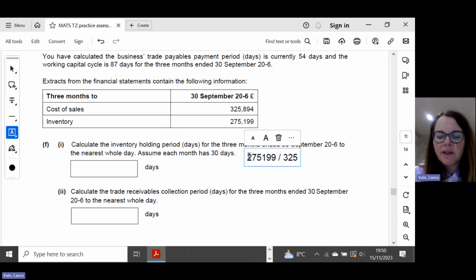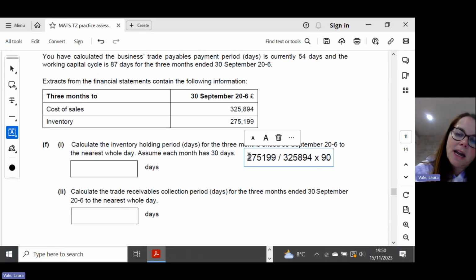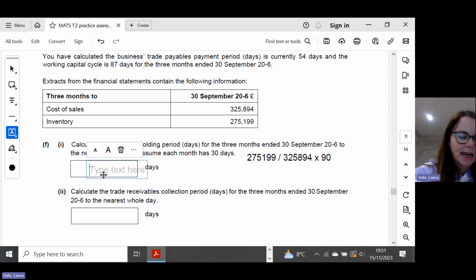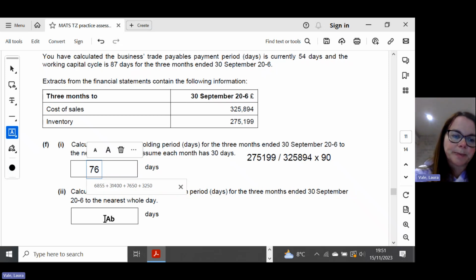Conveniently, it's the only figure they've given us, but we know it's cost of sales because it's to do with buying, so it's cost of sales. And then instead of timesing it by 365 for a whole year, we're just going to times it by 90. So let me just see exactly what that gives me. 275,199 divide 325,894 times 90. So I've got 75.9998957 in my calculator. So to the nearest day, that is clearly 76.